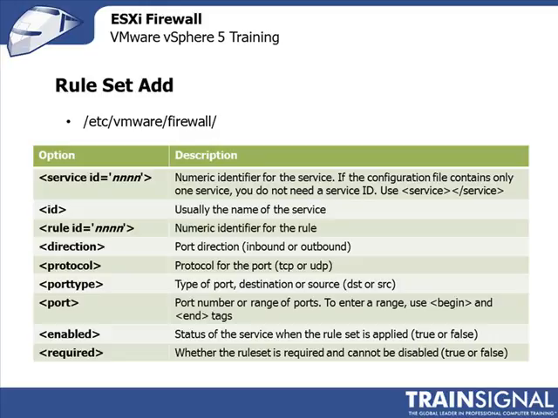From a rule set perspective, if you wanted to find a particular rule set and add things to it, it is available in the /etc/vmware/firewall directory. In order for you to construct the file, these are the different variables that make up the construct of this particular rule set. Next to each of them, there's a quick explanation of what each value does.